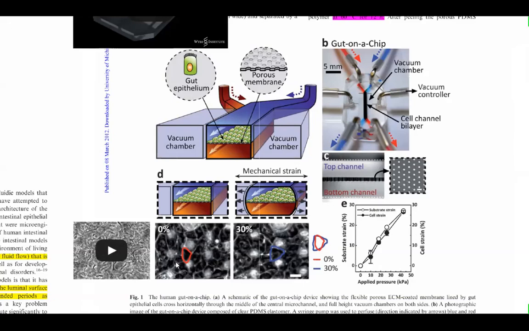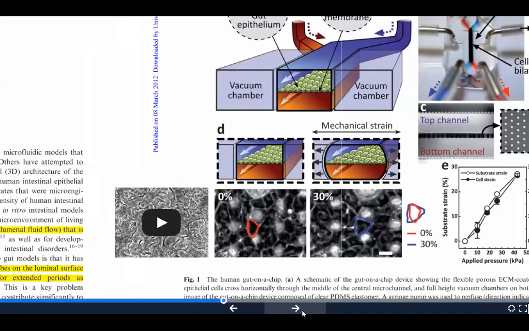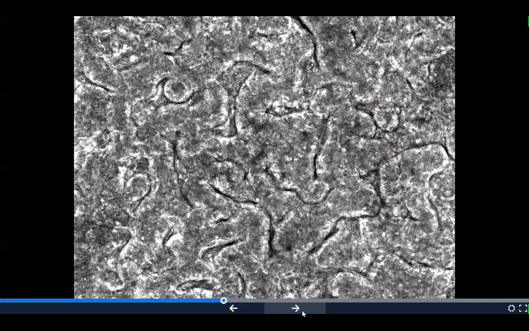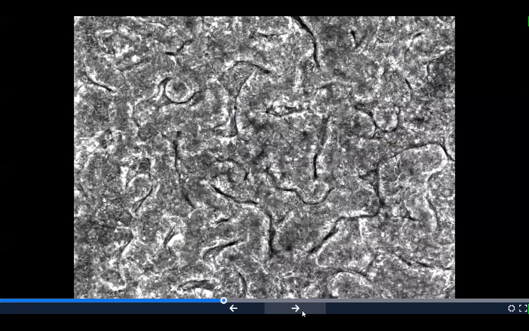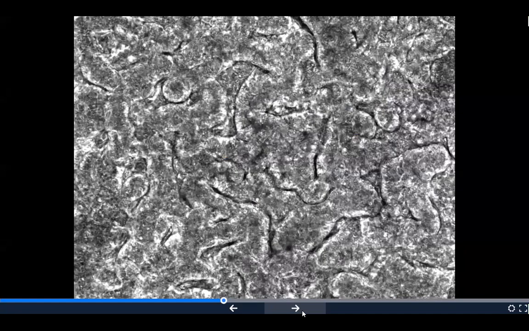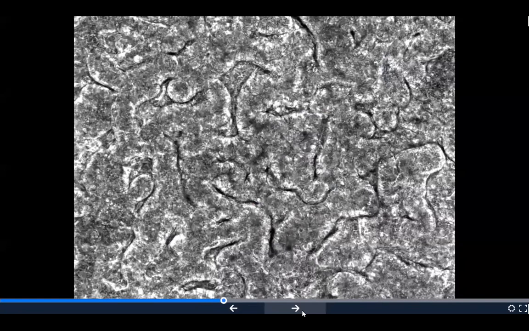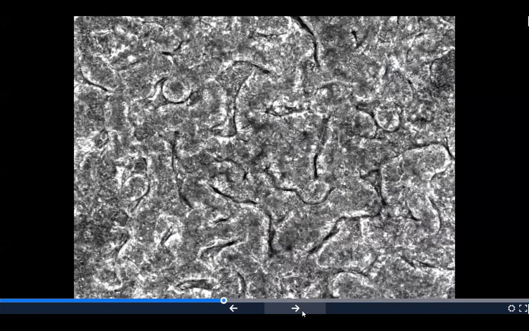And also you can see here that the epithelial cell, for example, here, is exposed to a 30% strain. And this is the video clip that they had. It shows the strain that is exposed over the epithelial cell, and you can see this movement of the cells and how they are tightly integrated to each other.